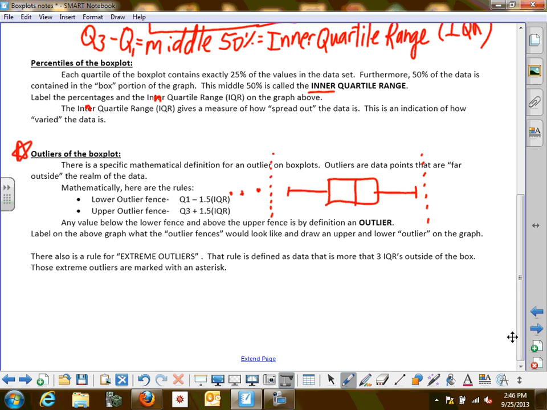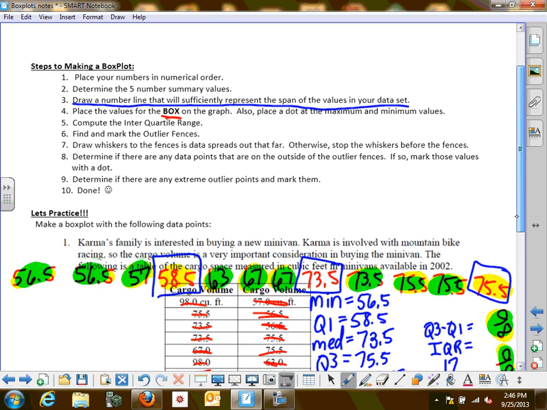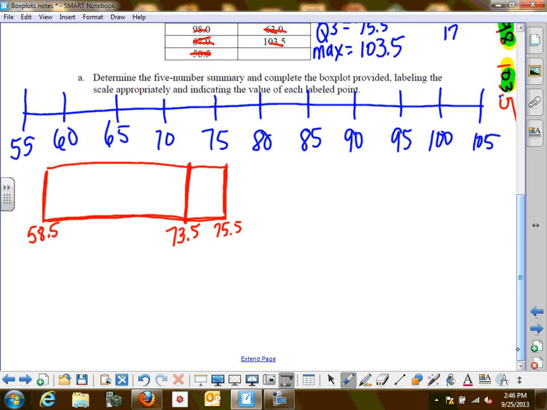Here's how it works. The lower outlier fence takes Q1 and subtracts away 1.5 of the IQRs. That's how you get that line. Let's do that on this. So here we go. Let's find our lower outlier fence.